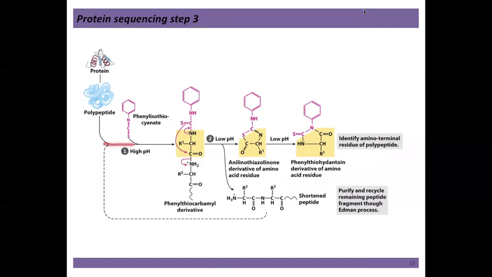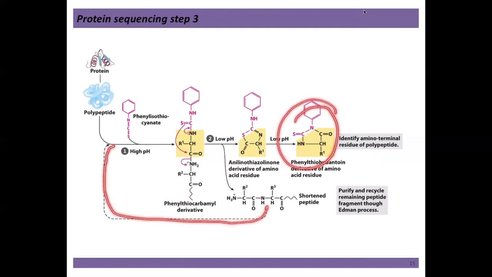And so what you do is derivatize it. That cleaves off the N-terminus. You lower the pH, and this comes off, and this stable structure right there is what's analyzed. You recapture the rest of your polypeptide, and after you've purified this out and identified it, you run this through again, and then it would cleave off another N-terminal residue.